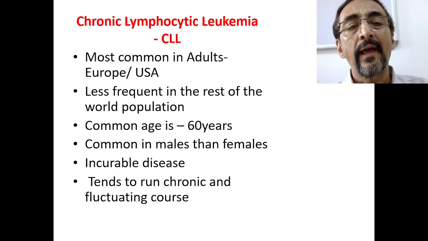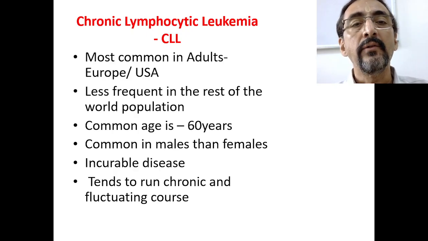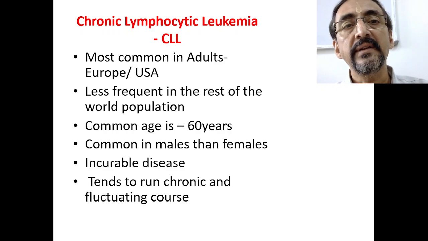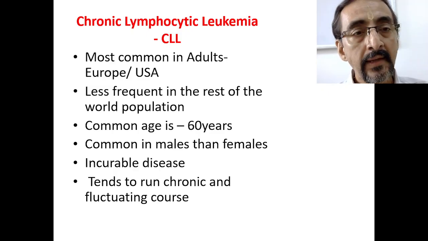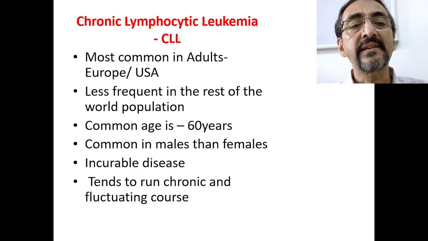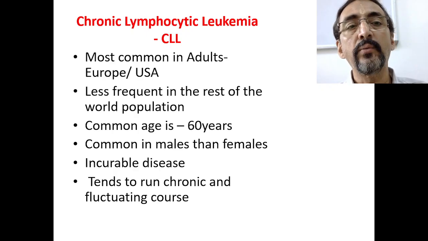Now, acute lymphoblastic leukemia is very common in children, whereas chronic lymphocytic leukemia is very common in adults. Especially, chronic lymphocytic leukemia is very common in European countries, USA, etc. Less frequent in the rest of the world population. Compared to Europe and the USA, in other parts of the world, this is less frequent.